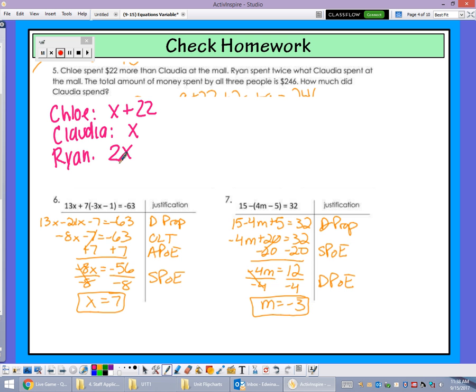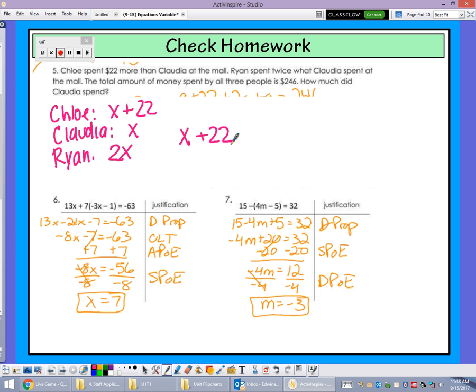The great thing is now all of these expressions have what in them? Every single expression has what in it? X, a variable, the same variable, which means I'm going to be able to do what eventually? Combine your like terms at some point. All right. So I have X plus 22. That's how much Chloe spent.